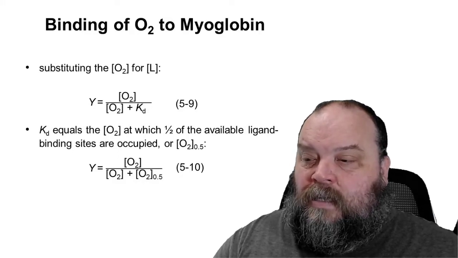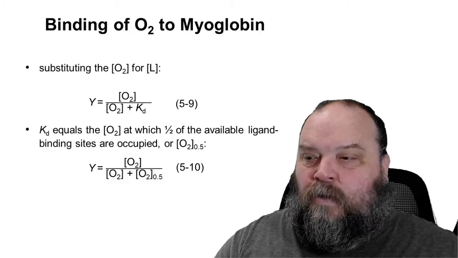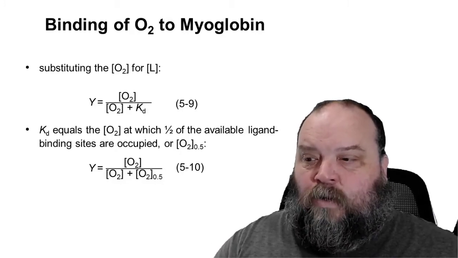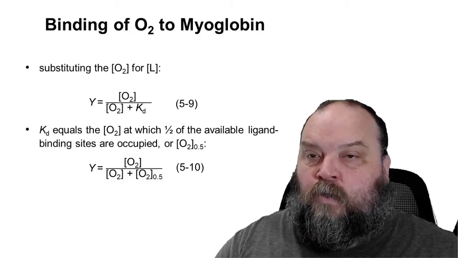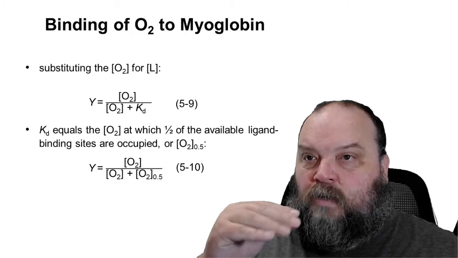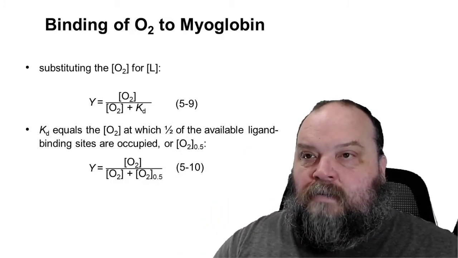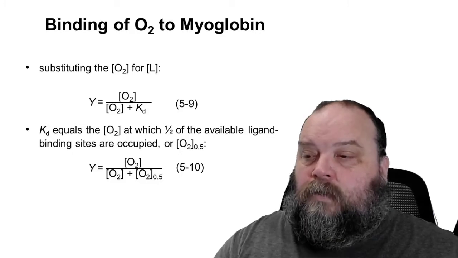But instead of Kd, as you see here in equation 5.10, we're going to put in the 0.5 concentration of O2. What's the concentration where half of the heme in the myoglobin present in this reaction is bound?